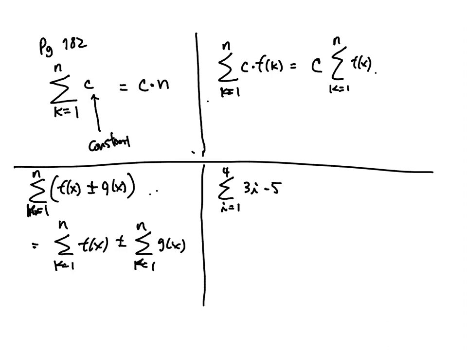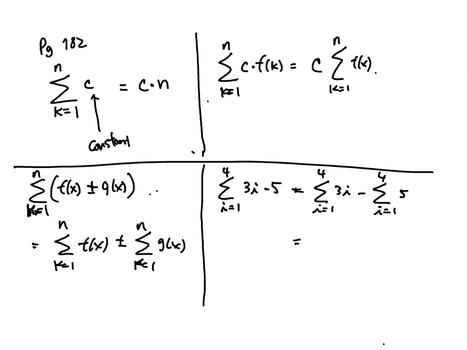So again, we have the summation from i equals 1 to 4, and our formula is 3i minus 5. So notice 3i minus 5 is technically two separate functions, so I can split them. I'm going to split them into two. Okay.